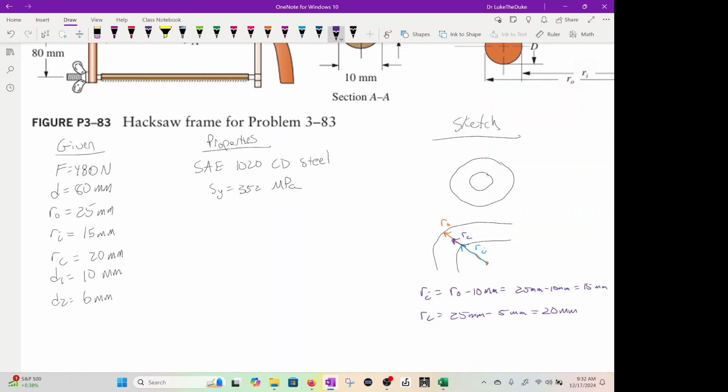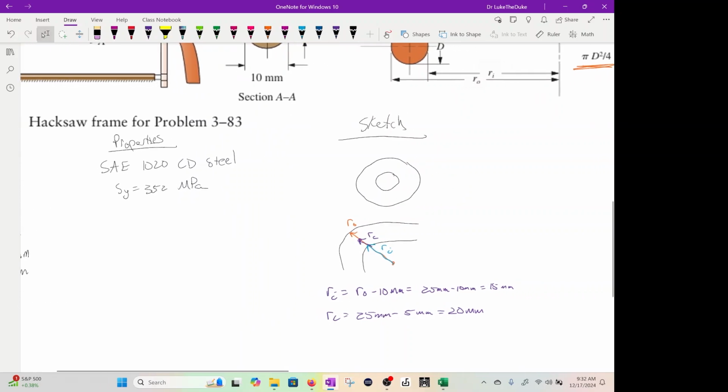All right, cool. The last thing I'm going to do is maybe do a sketch right here. Here is the arc, right? And we're going to have moments this way, and it's going to be a negative moment, because it tends to decrease the curvature radius.